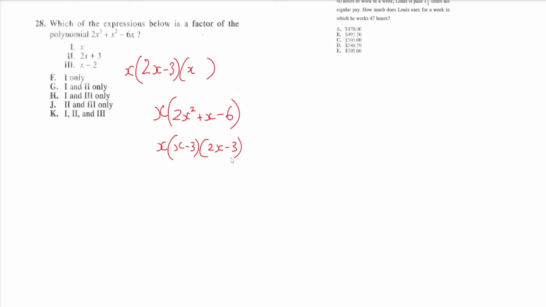Right? You said you got 2x minus 3 out of it? What was the other factor you got? You got x minus 3 and I heard like a double bracket there. Something like that. Can you show me? Can you just show me? That's okay.